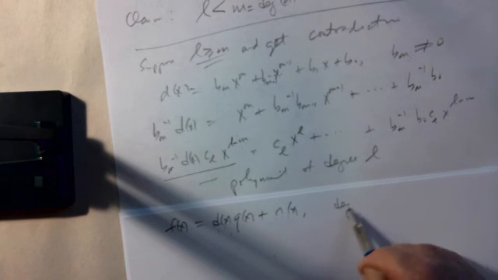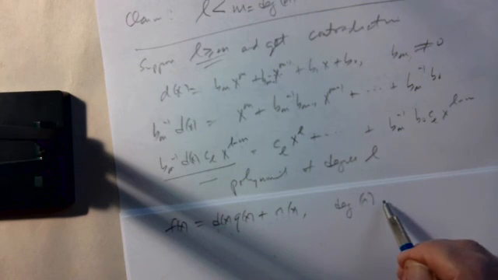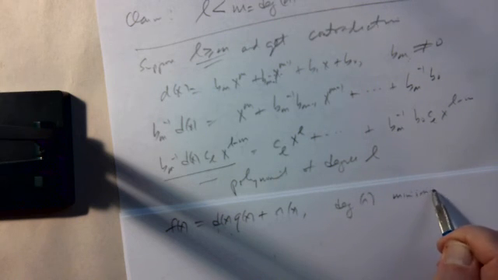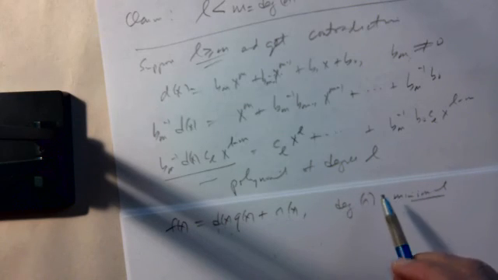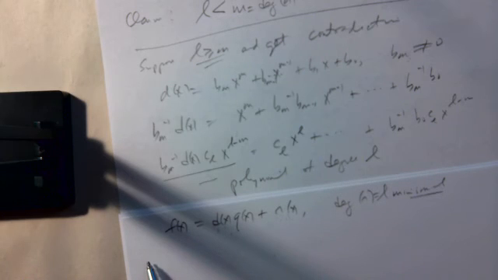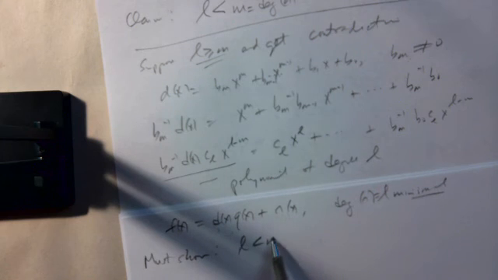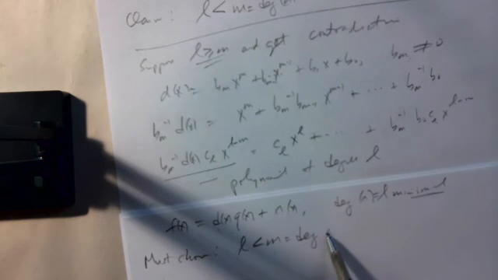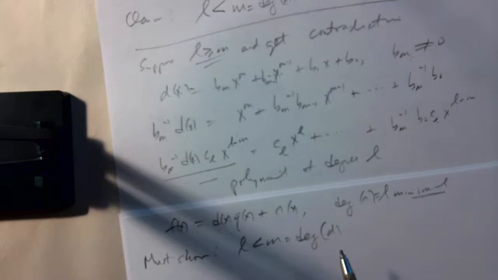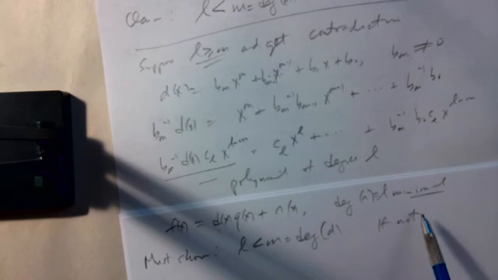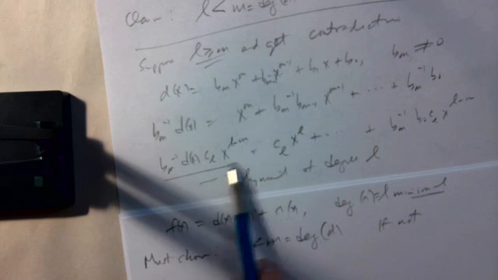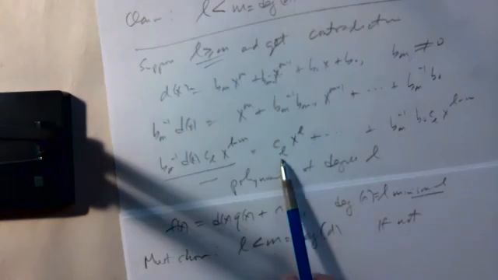And the degree of r of x is non-negative and as small as possible. The degree of r of x, we call it L. And I want to show that L is less than m, which is the degree of d of x. If not, I constructed this polynomial, which has leading coefficient c sub L and degree x to the L.